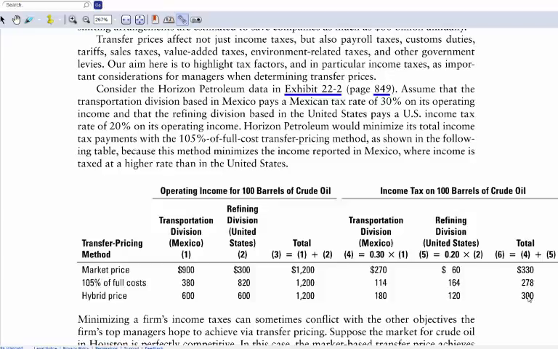We would definitely select the 105% of full cost transfer pricing method if it complies with all of those rules and regulations in regards to the IRS code regarding taxes and anything else we may need to comply with in Mexico, because it results in the lowest tax due. Therefore, it would result in the highest net income after we paid those tax expenses.